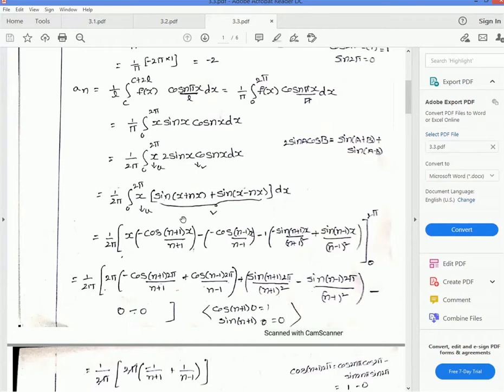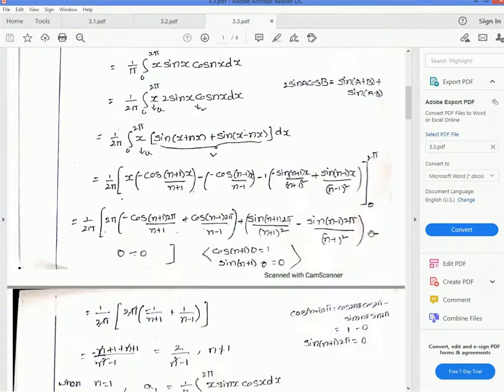The integral of sin((1+n)x) is minus cos((1+n)x) divided by (1+n), and the integral of sin((1−n)x) is minus cos((1−n)x) divided by (1−n). Then minus u', the derivative of x, which is 1, times the second integral of v: the integral of cos((1+n)x) is sin((1+n)x) divided by (1+n) whole square, and the integral of cos((1−n)x) is sin((1−n)x) divided by (1−n) whole square.